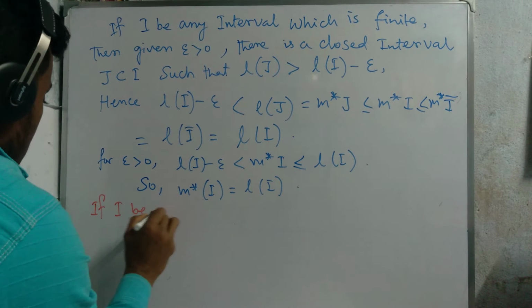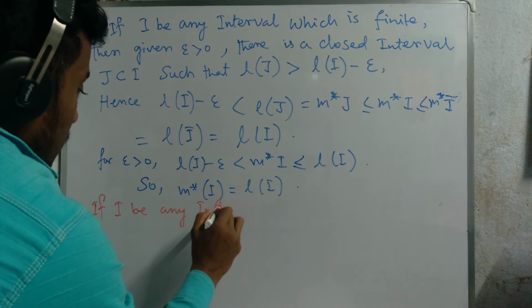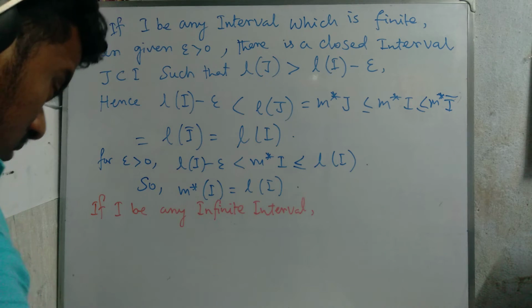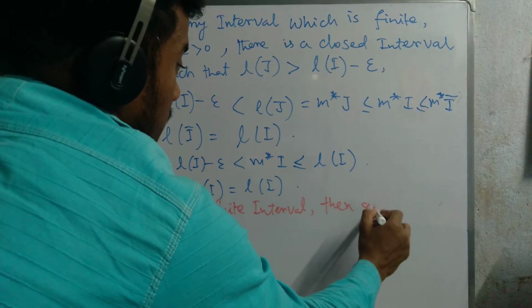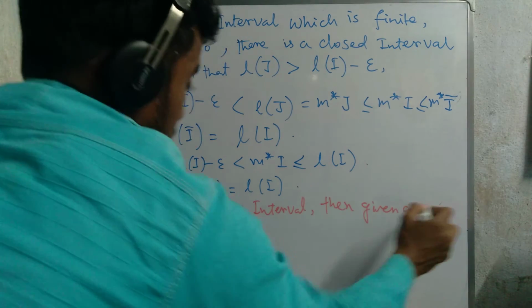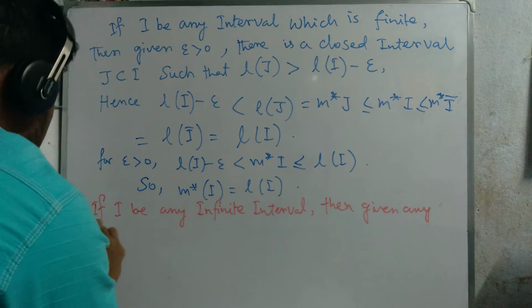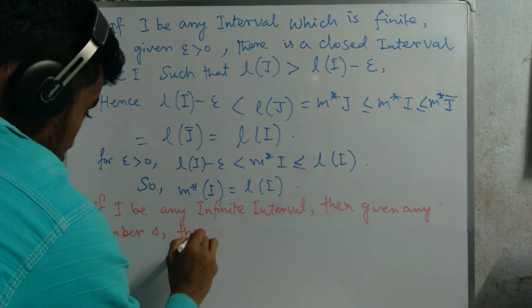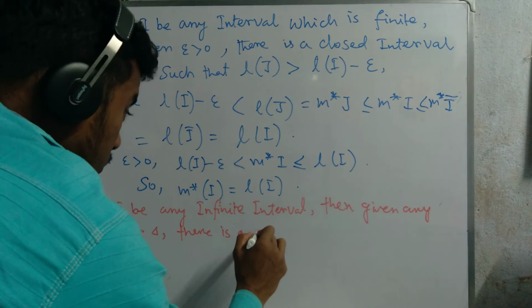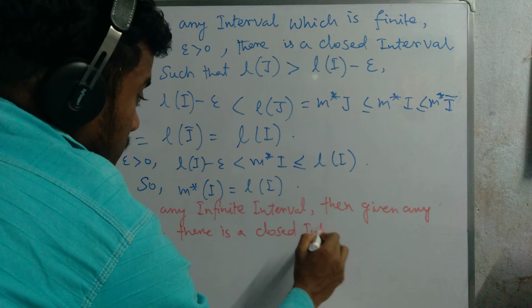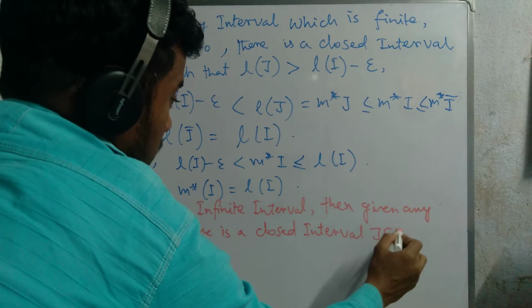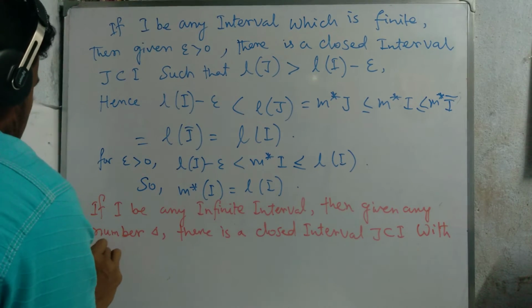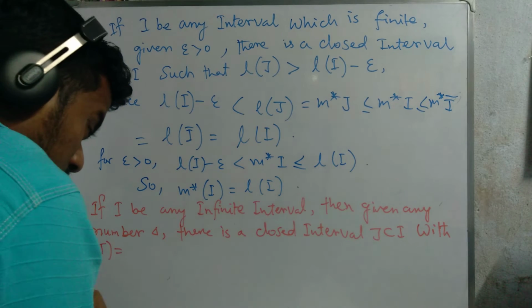If I is any infinite interval, then given any number delta, there is a closed interval J subset of I with L(J) equal to delta.